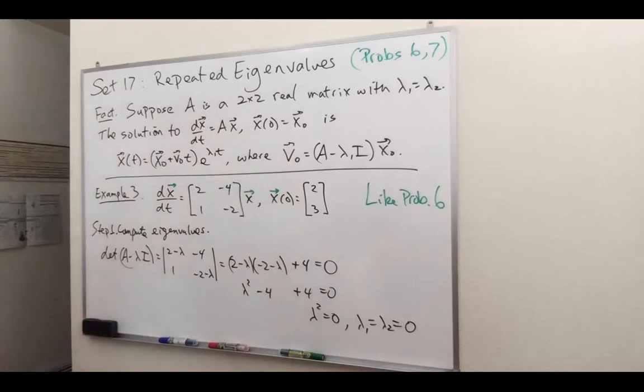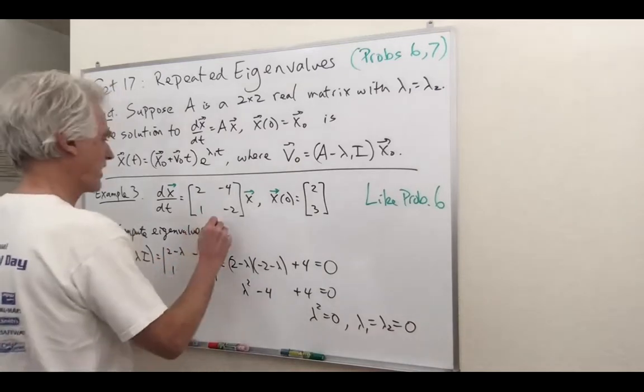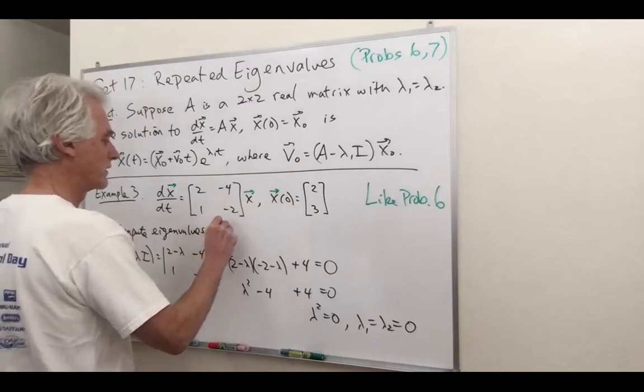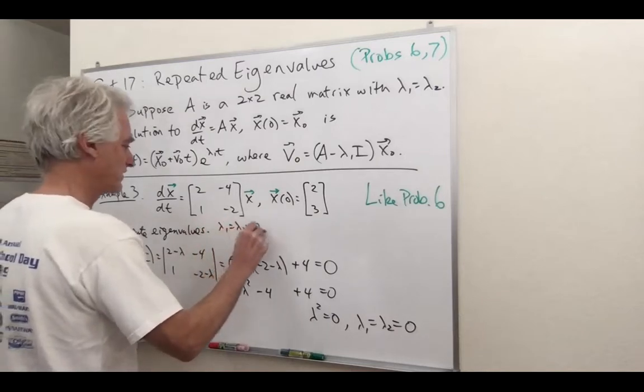Let's summarize this. Lambda 1 equals lambda 2 is 0.